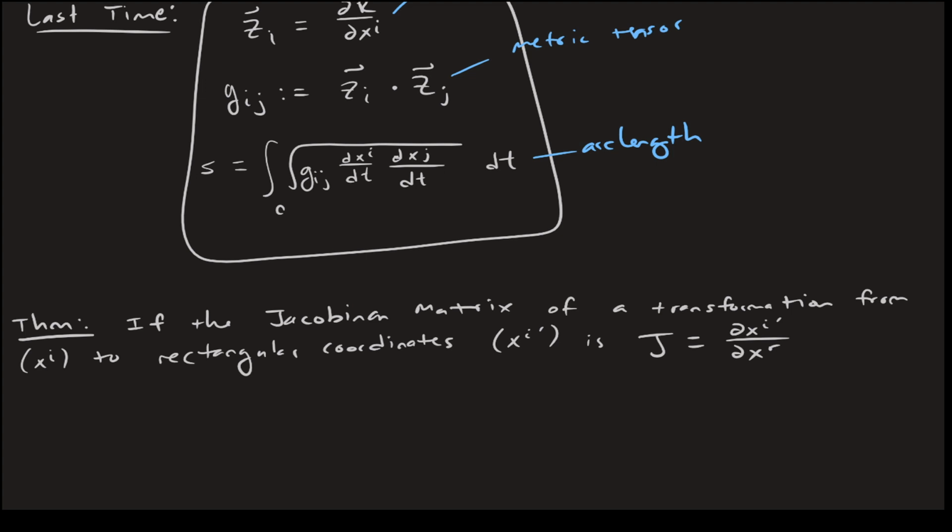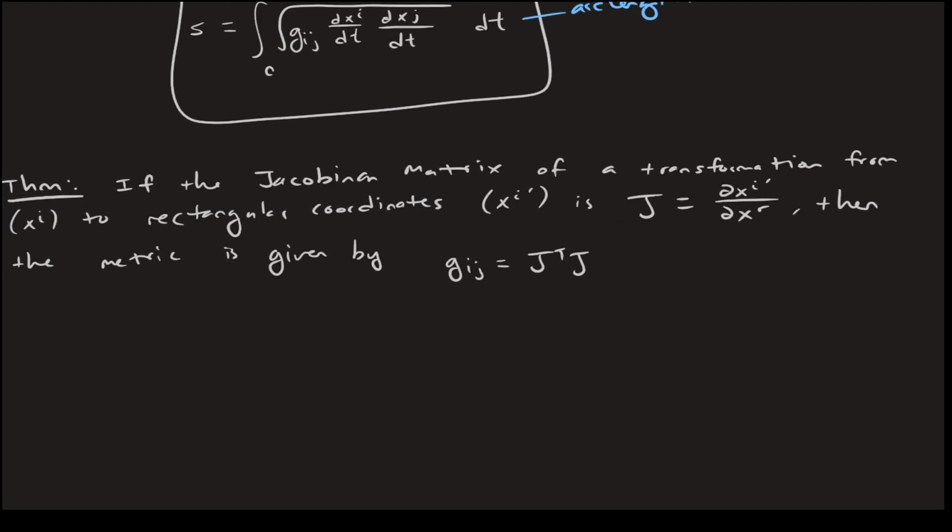If that Jacobian is capital J, then the metric g_ij in matrix form can be written as J transpose times J, which is a tensor whose components are in the x^i system.